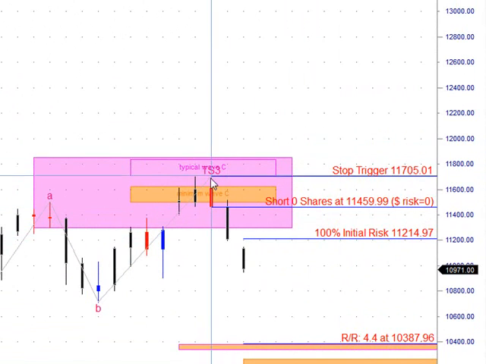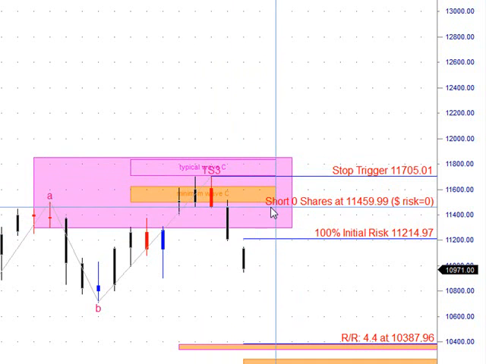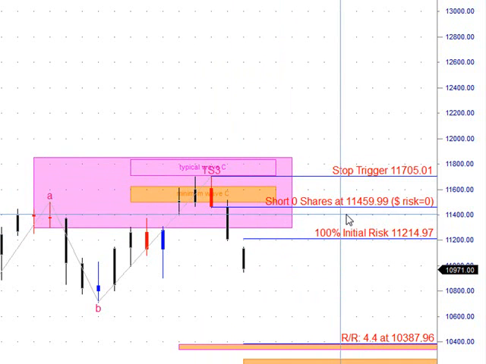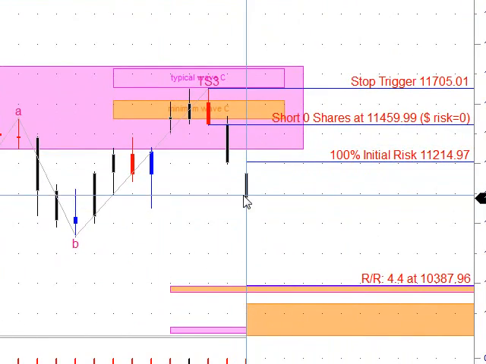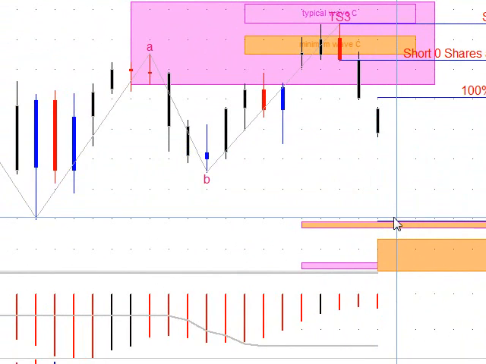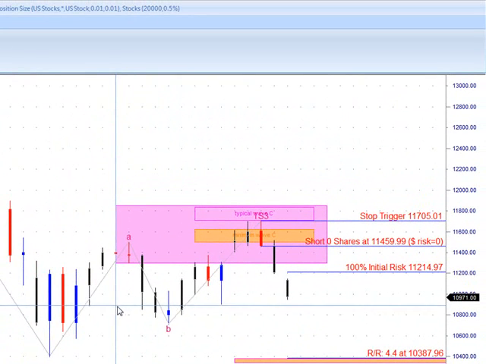So those of you that have the software that were playing this short signal in one form or another, whether it be puts or the actual futures or the diamonds or some other derivative of the Dow, you can move your stop from the initial position to the entry, basically 11,460, and for a risk-free trade. And we'll see if we can get down to that target around that 10,388 area.